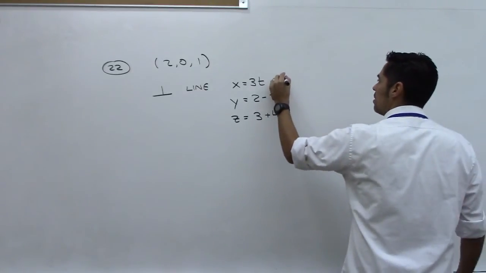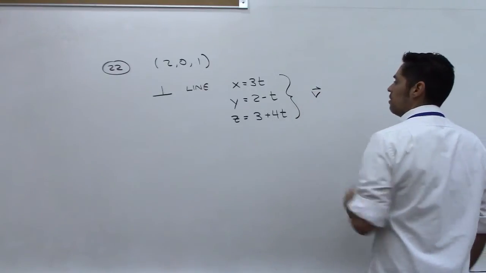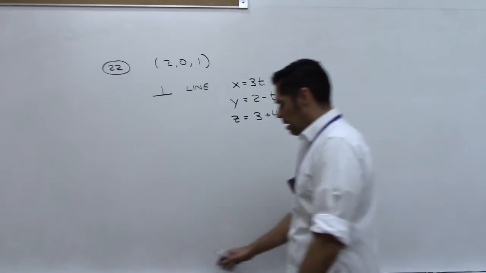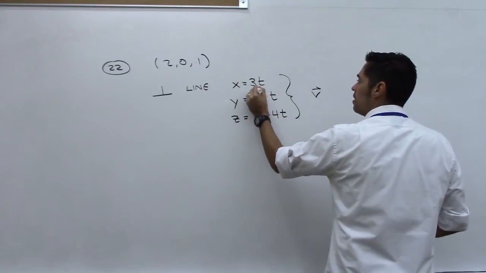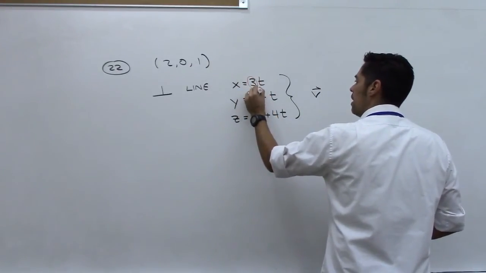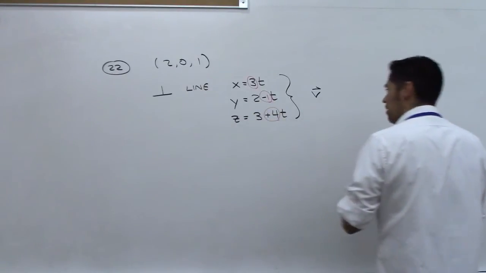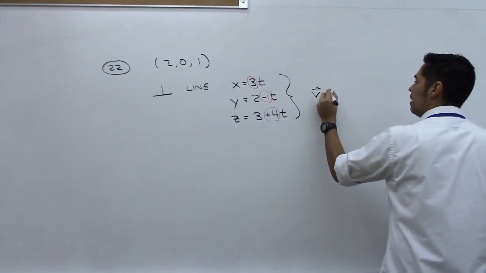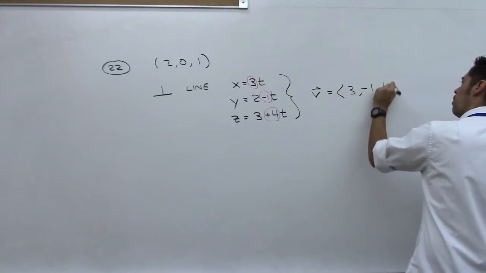So if we look at this as a line, what is the direction vector, which we call v, of that line? Remember, all we do is pull the coefficients off the t's. So 3 here, -1, and then here 4. So I know that the direction vector of that line is the vector 3, -1, 4.